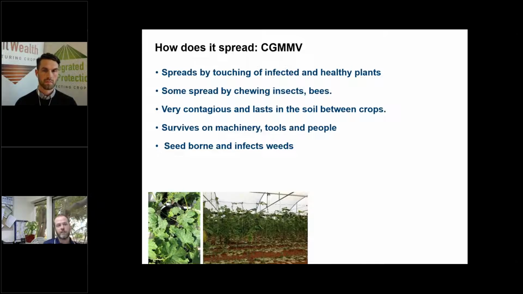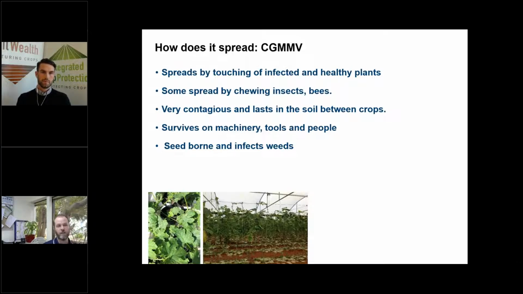Plus, not just in soil, machinery, tractors, the rubber tires, boots, secateurs, people's skin, it can survive on those kinds of surfaces for hours or days perhaps. Again, especially if you've got leaf material or something like that, that really does protect it and allow it to survive much longer.